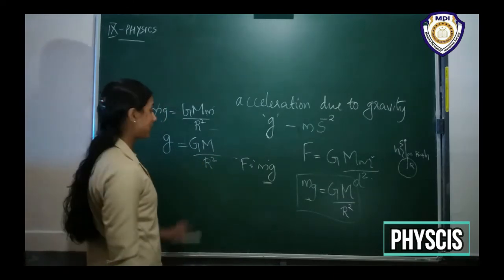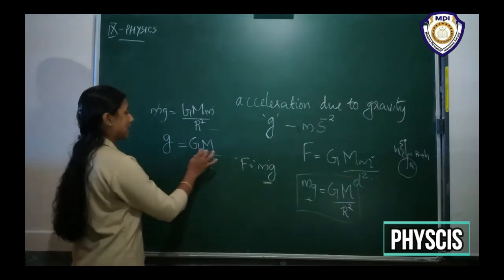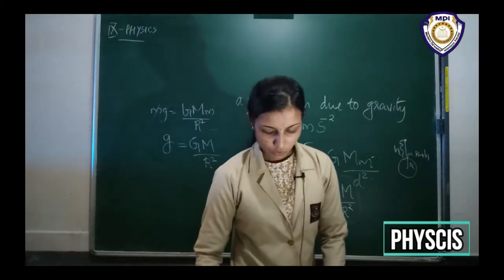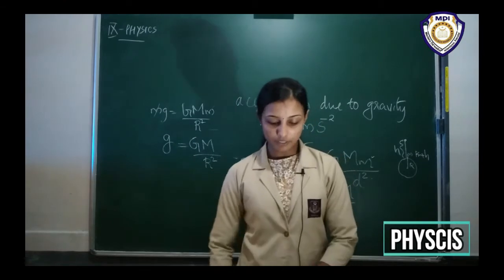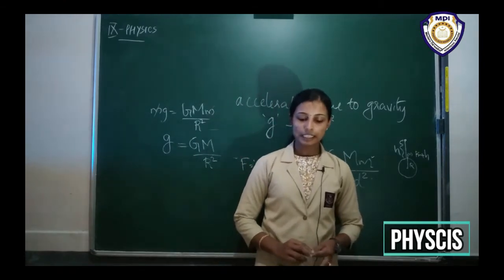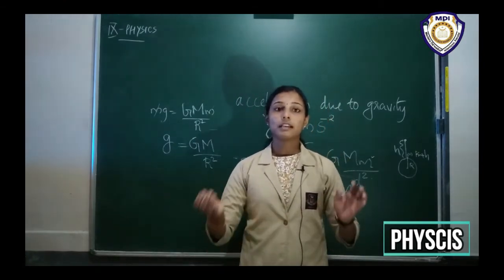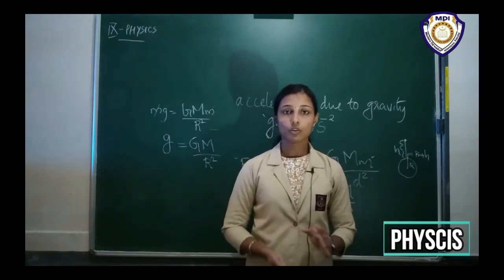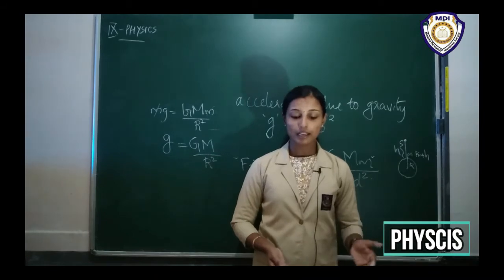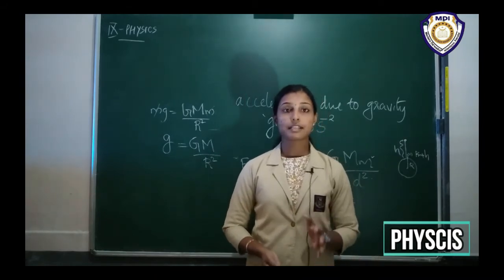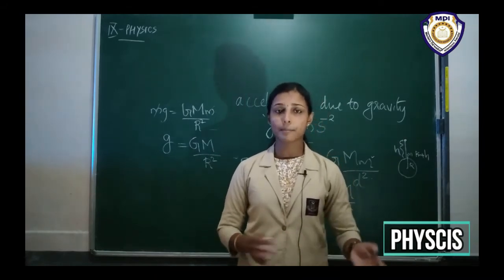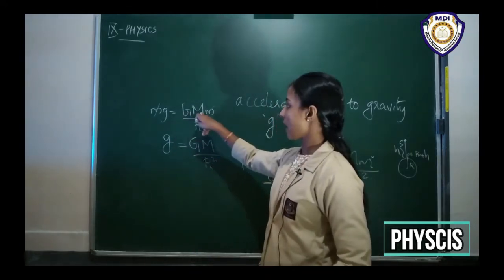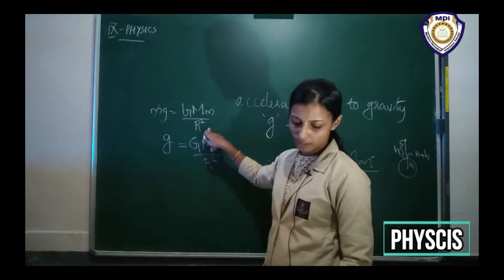Okay, so the value of g we get gm by r square. Okay, so it is given in your textbooks, that is from the equation of law of universal gravitation, and the force, that is gravitational force, is equal to mg. When comparing these two equations, we will get mg is equal to gmm by d square.